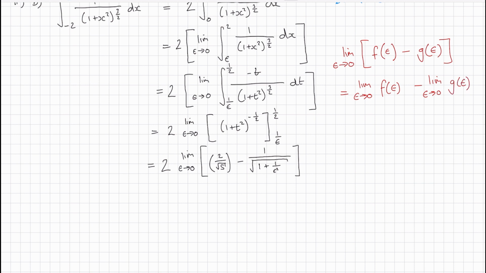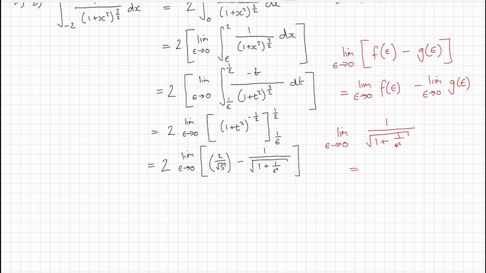And we can see in our first function there isn't an epsilon at all, so we're only dealing with this limit here: the limit as epsilon tends to 0 of 1 over the square root of 1 plus 1 over epsilon squared.